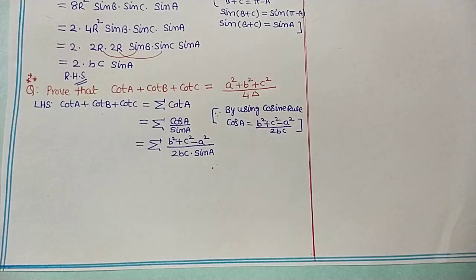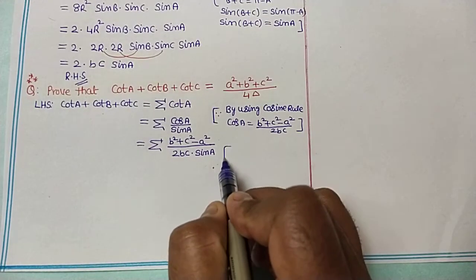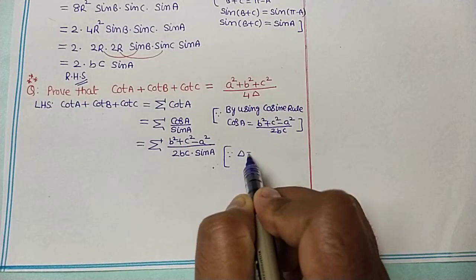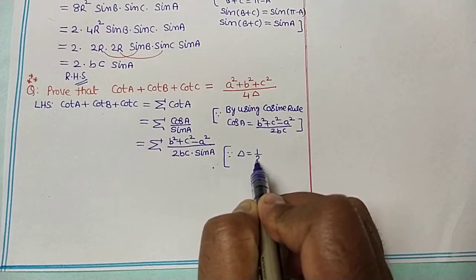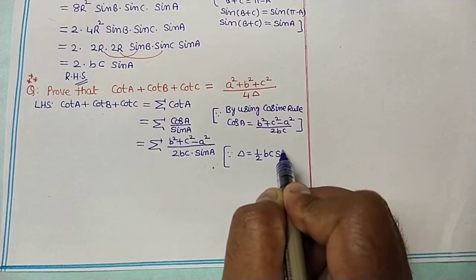See, after that, they are asking to prove in RHS delta is there, no? We have delta, number of formulas are there. Here, which formula is suitable? bc sin A is there. So now, the area of triangle is half bc sin A, we have the formula now.